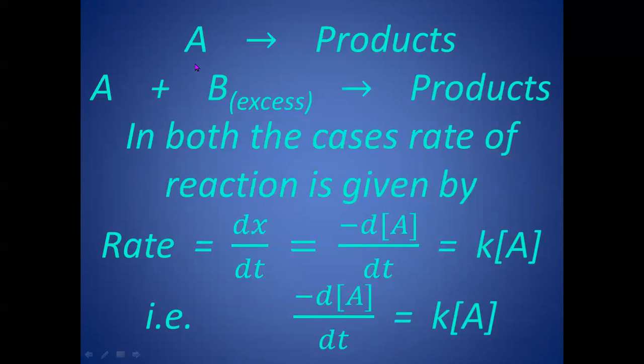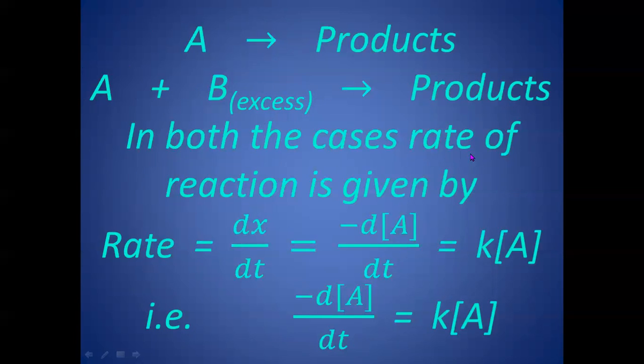Therefore, the general reactions to represent first order can be either A produces product or A plus B gives rise to product, but B is in excess. So we need one concentration term only, not both. Therefore, the other one is taken in excess.